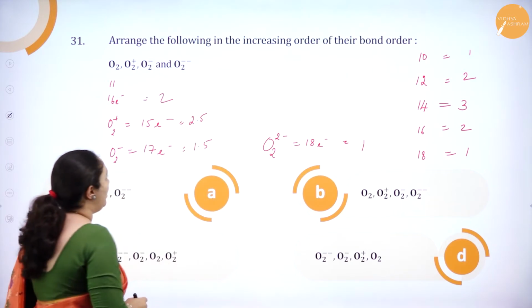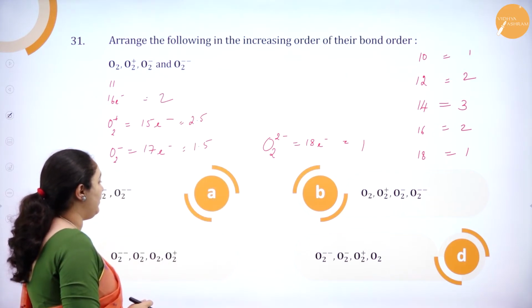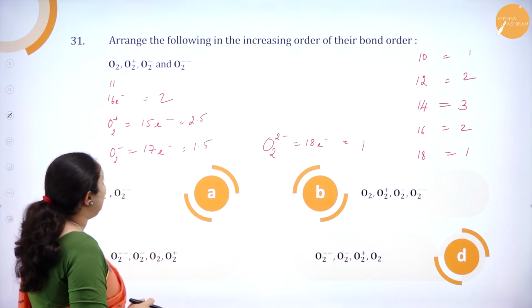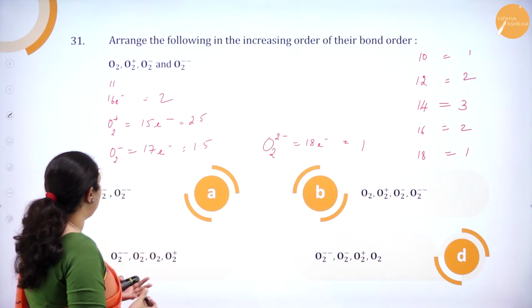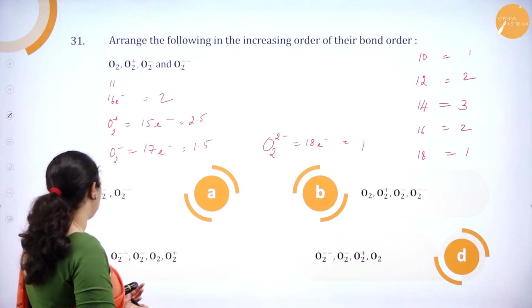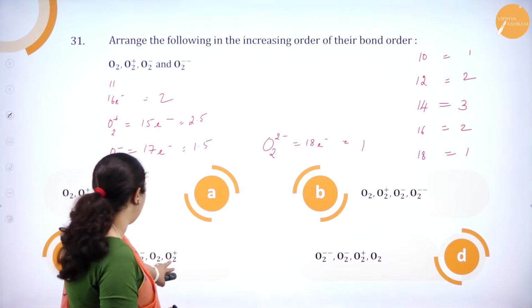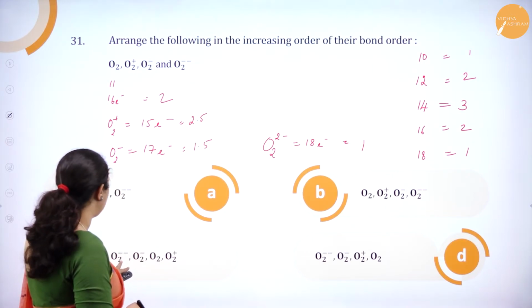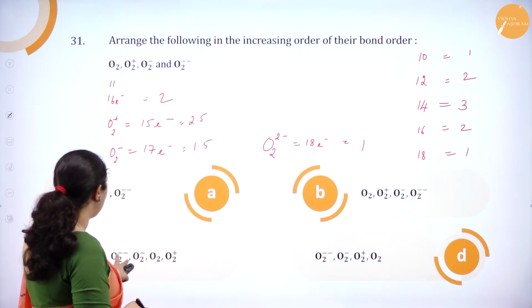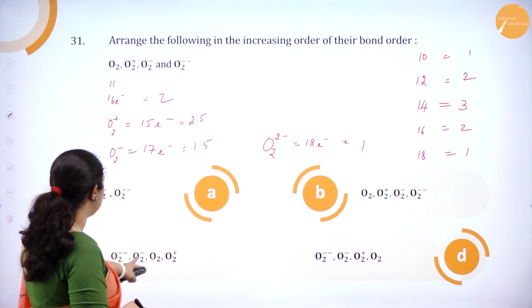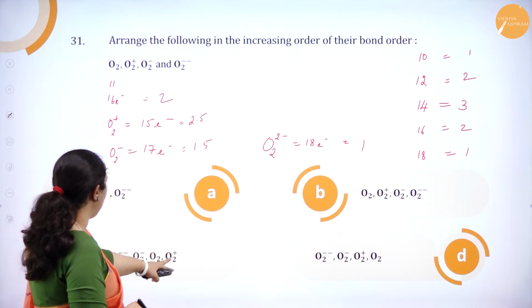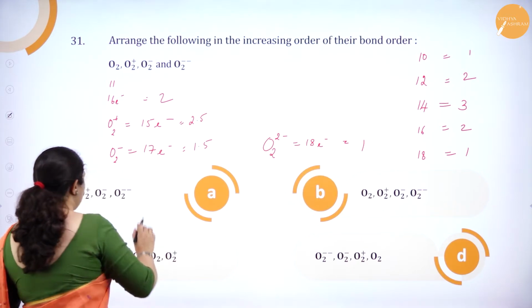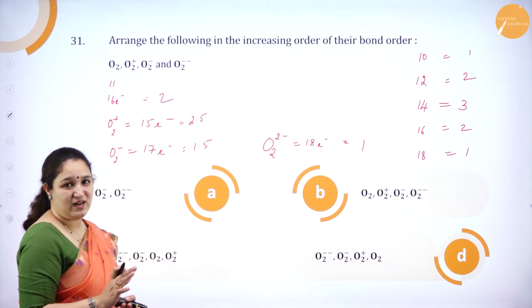So now you see which is the correct way of arranging it in increasing order of their bond order. O2+ has the highest, so O2+ should come last. So it should be option C, but we will check again. O2 2- is 1, O2- is 1.5, O2 is 2 and O2+ is 2.5. So option C is the correct answer.